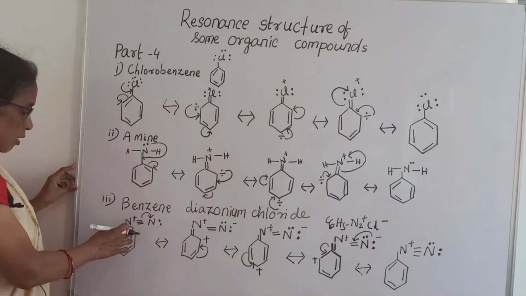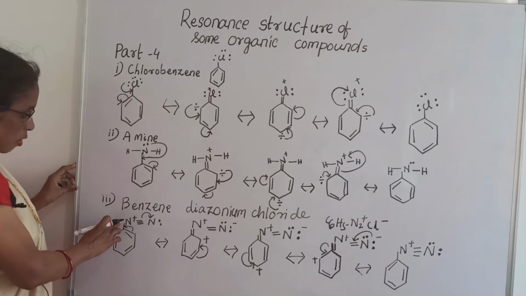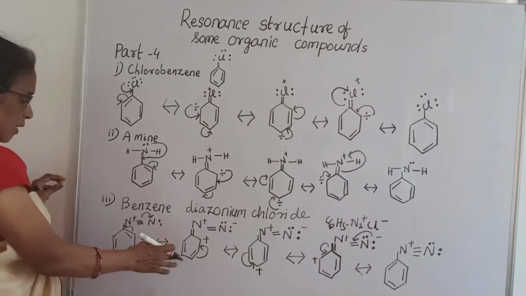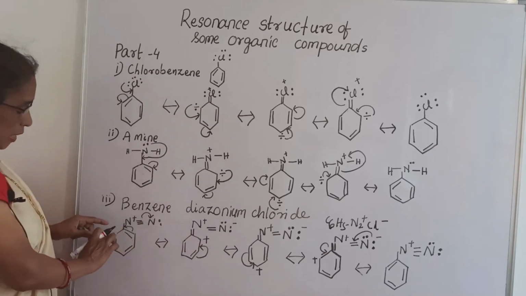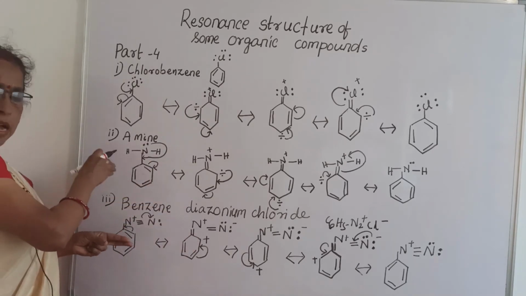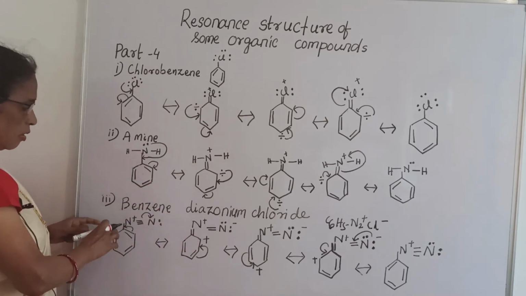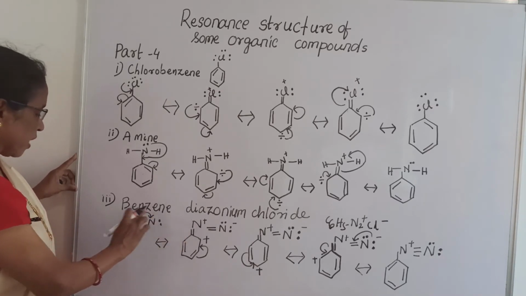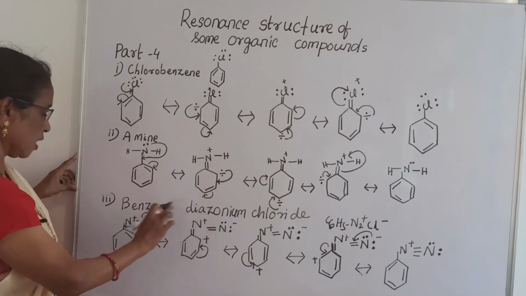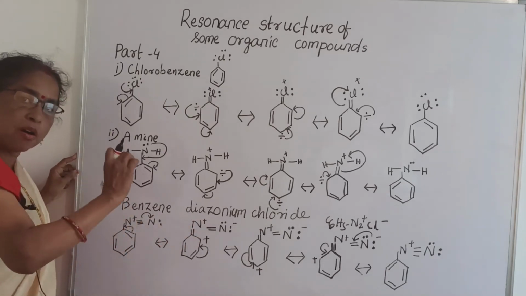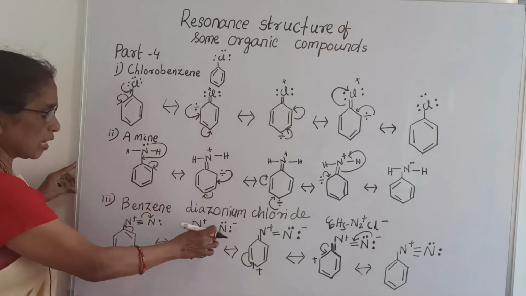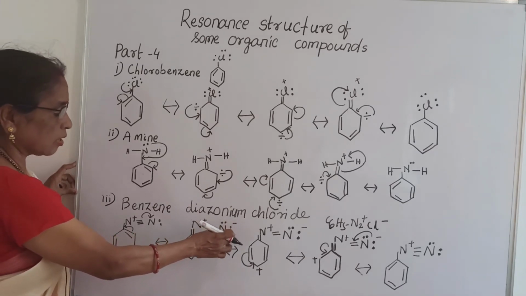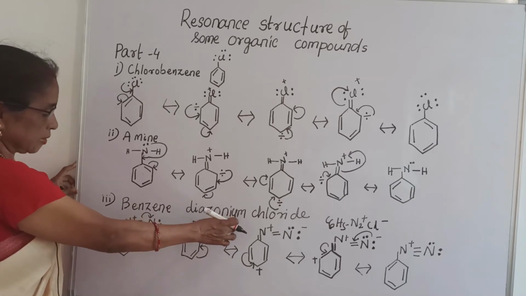So here the pi electron moves to the bond which is attached to N2 plus. In the next case, it becomes a double bond because the electron moves to the adjacent bond. That is why it acquires a double bond, and as it is N plus, and since one bond electron delocalized to this, there is another pair of electrons having a negative sign.